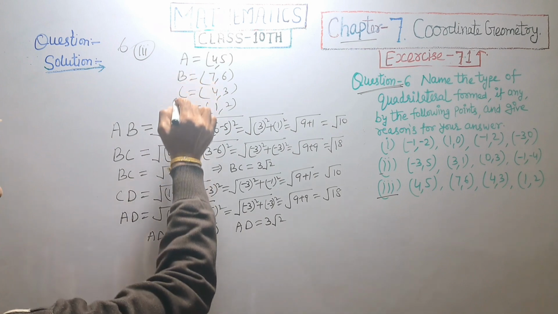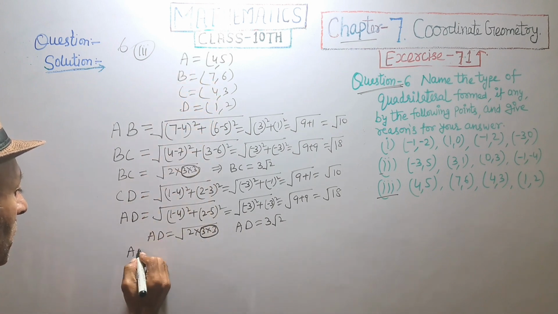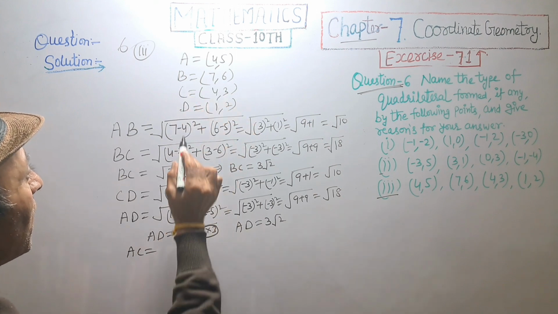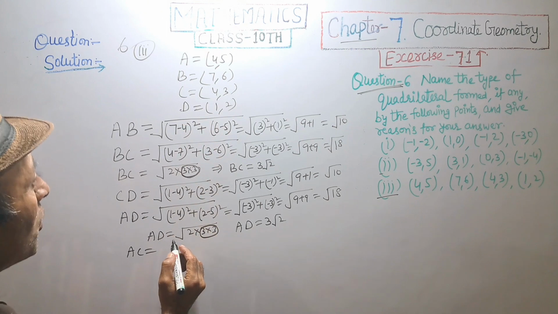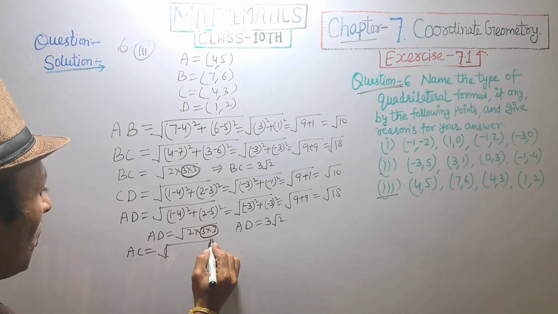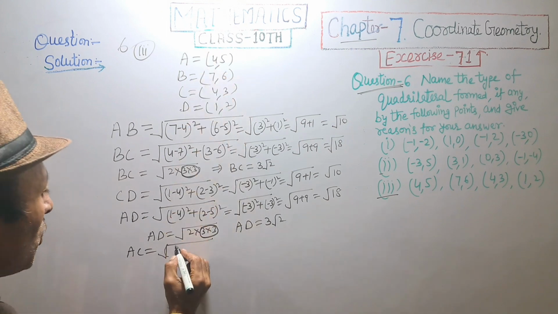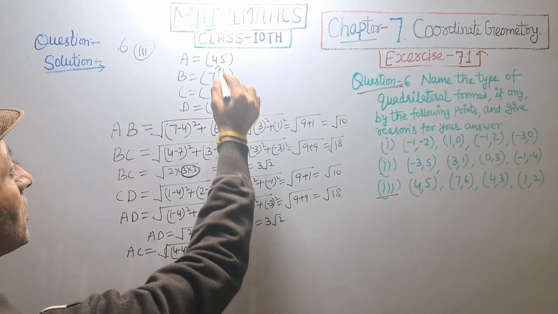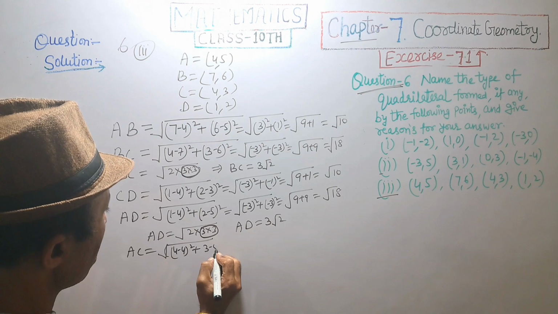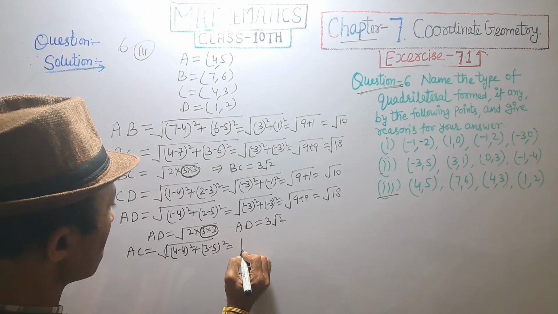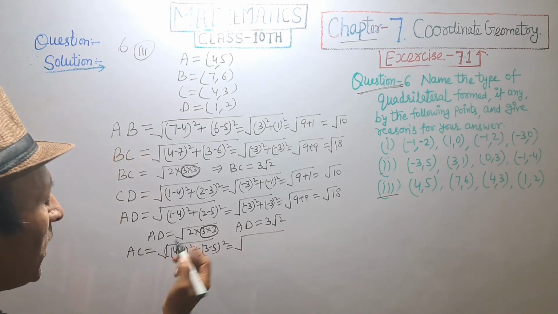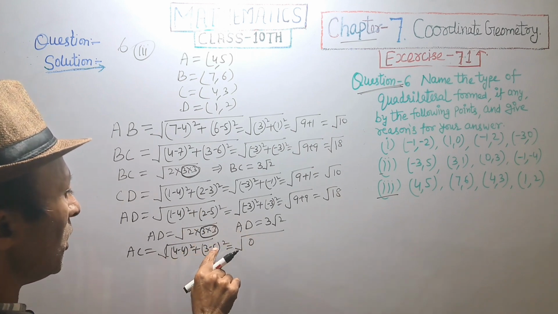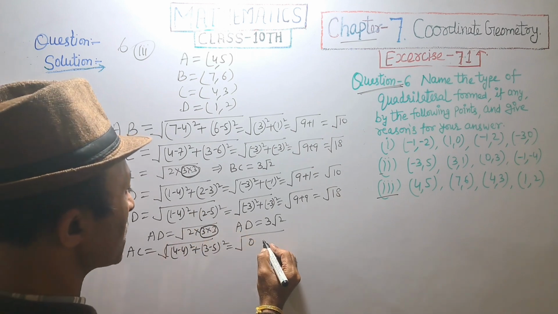And AC, by distance formula, AC is equal to under root of (4 minus 4) square plus (3 minus 5) square, is equal to 4 minus 4, that is 0. 0 square is also 0. 3 minus 5, that is minus 2.